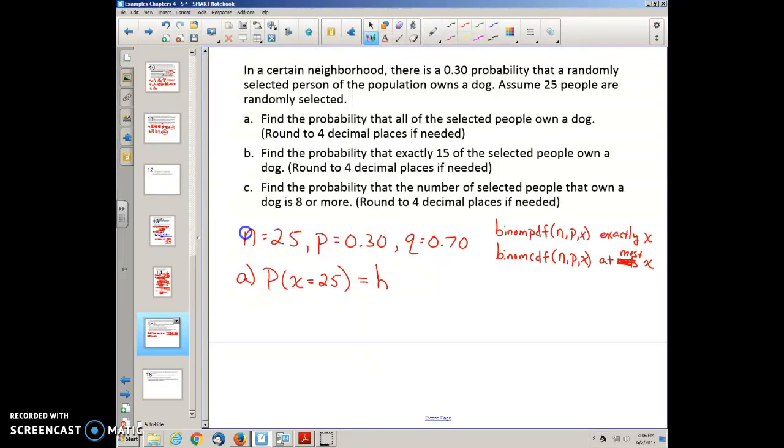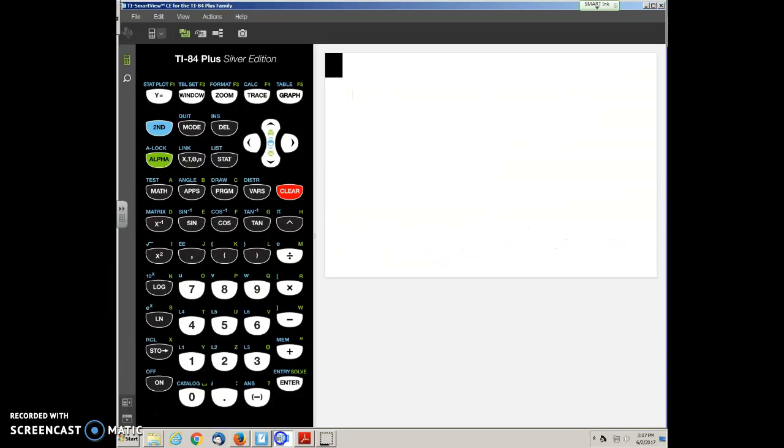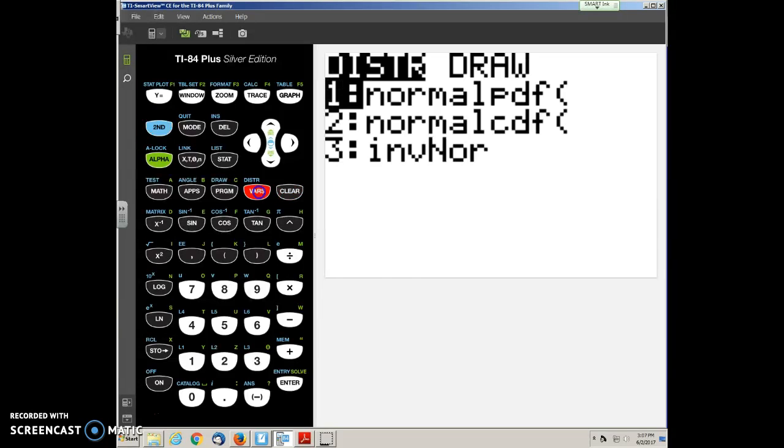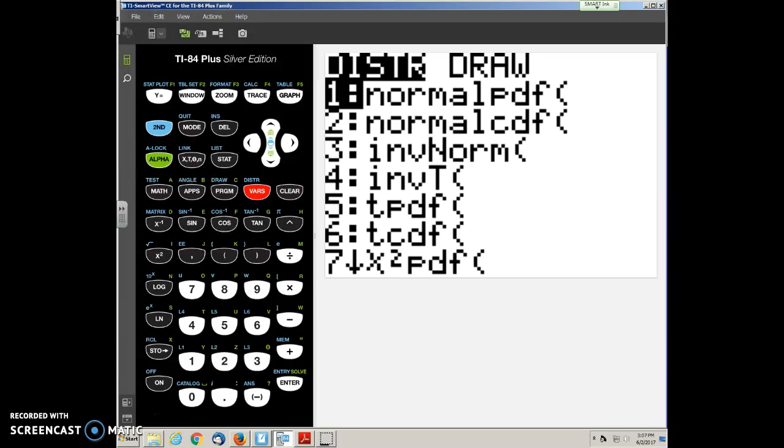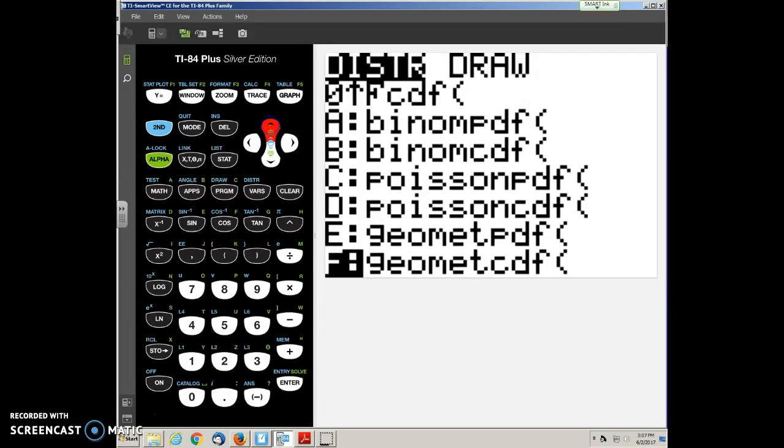So we're going to do binom PDF 25, comma, 0.30, comma, 25. So it's the second button, vars, and we can scroll up to get to binom PDF.